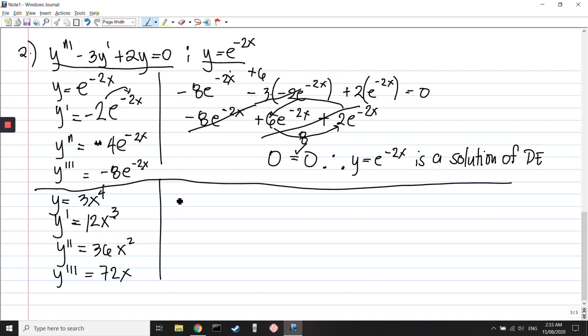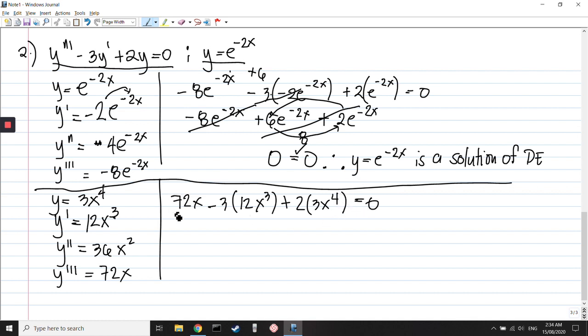We have y triple prime, or 72x, minus 3 times 12x cubed plus 2 times 3x raised to the power of 4, set equal to 0.